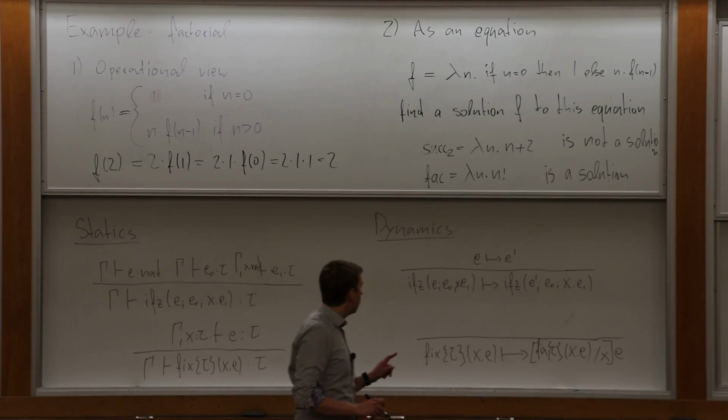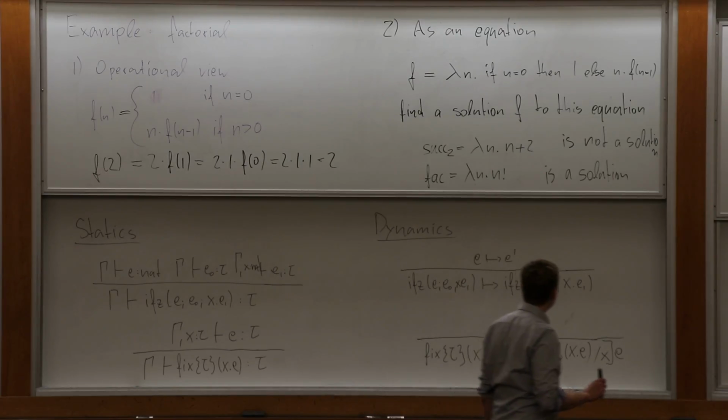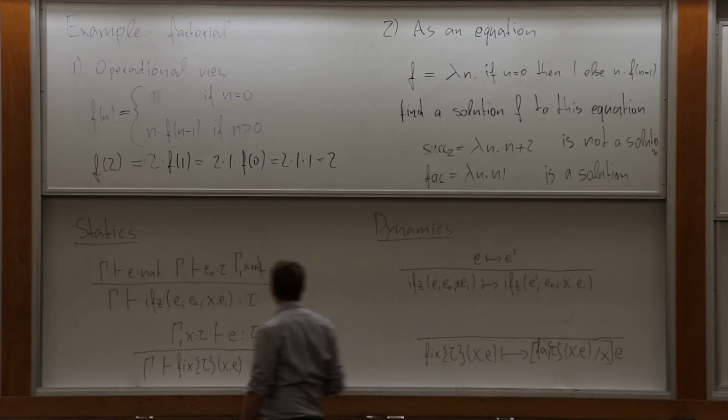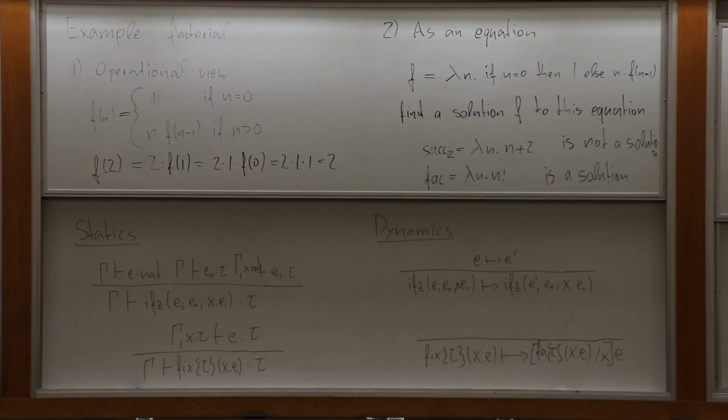Okay, that's something I wanted to say earlier. For the finite data types, of course, we can always prove our type safety theorem, right?